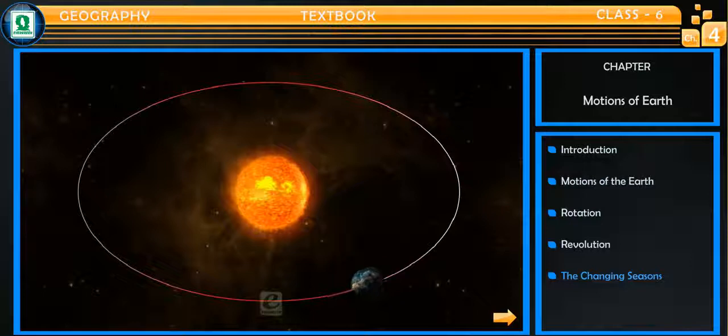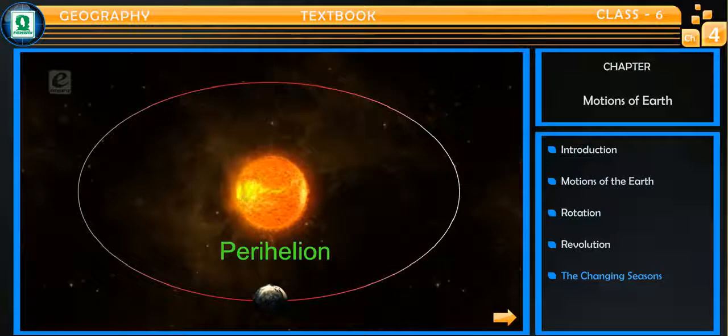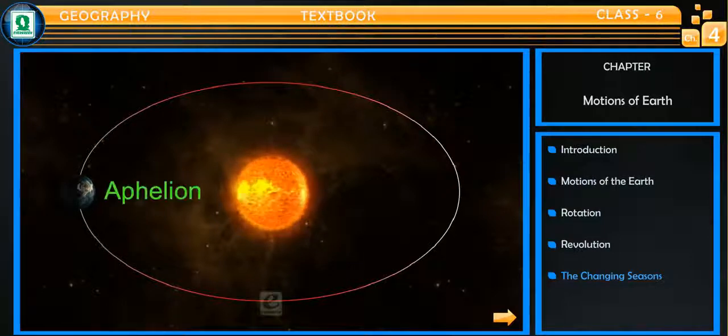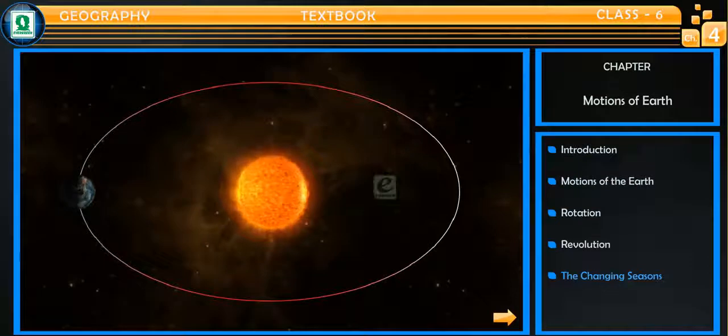Sometimes the distance between the Earth and the Sun is as minimum as 147 million kilometers. Then it is said to be in perihelion. And sometimes this distance is maximum at 152 million kilometers. It is said to be in aphelion. Thus, with change in its position and distance, season also changes.